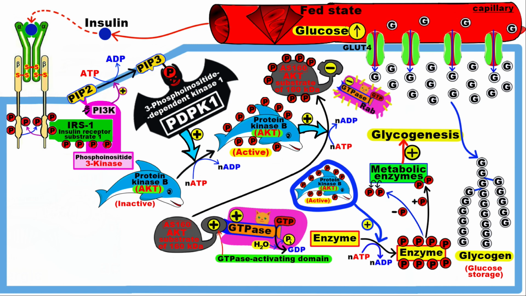These enzymes will also inhibit glycogenolysis. Glycogenolysis is the opposite of glycogenesis. It's the breakdown of glycogen into glucose. We don't need this, because we want to store glucose.